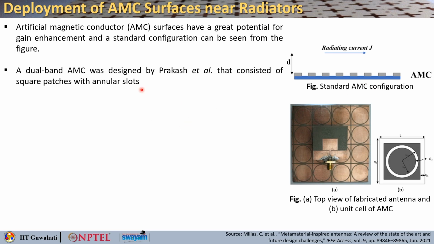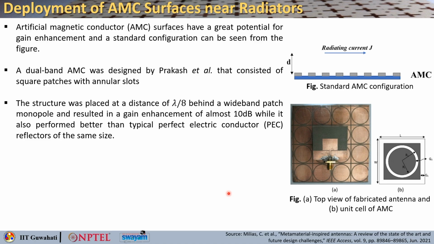So, this is the design shown by Prakash and his group. Here a dual band AMC was designed that consisted of a square patch with annular slots like this.